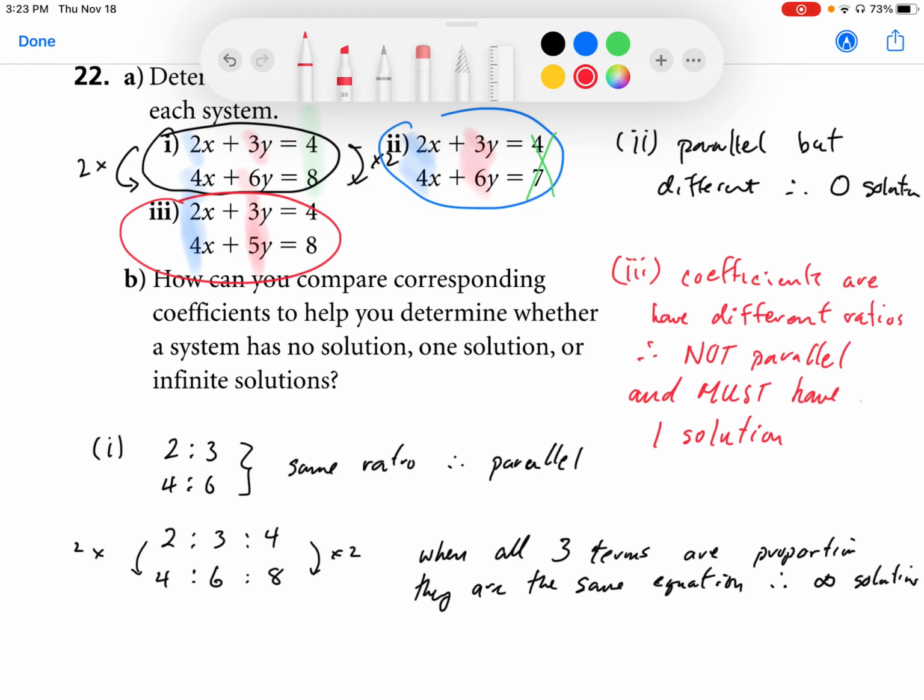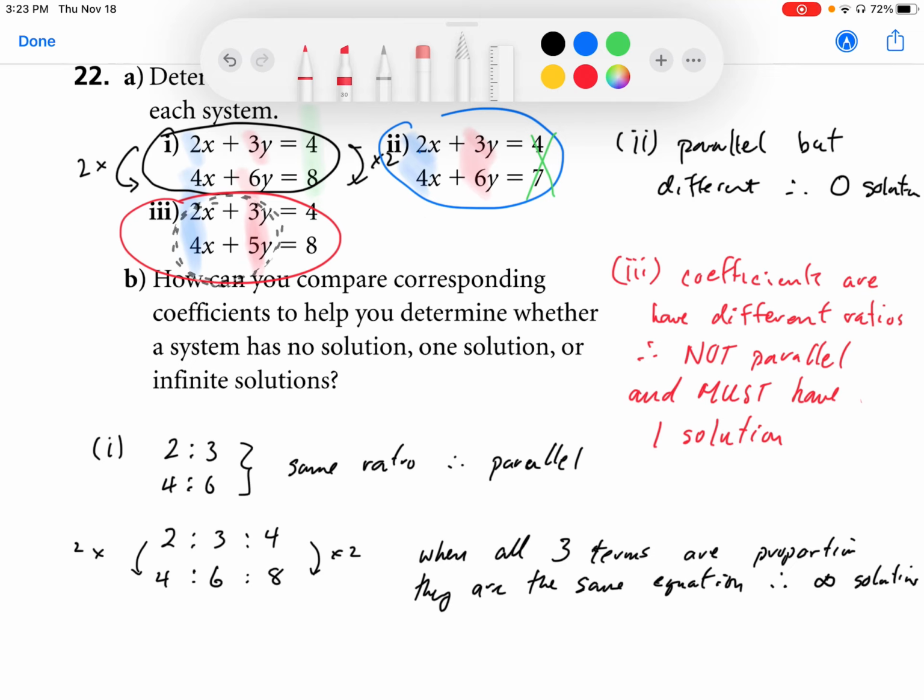Okay, so how can you compare corresponding coefficients to help you determine whether a system has no solution, one solution, or infinite solutions? So no solution means is a situation where they're parallel. Okay, so it's gonna be this one here. Their coefficients are in proportion, so they're parallel, but the constants are in different proportion, therefore not the same. No solution.